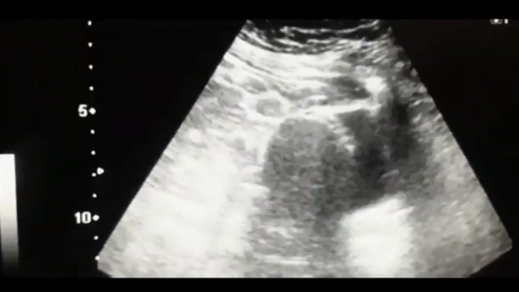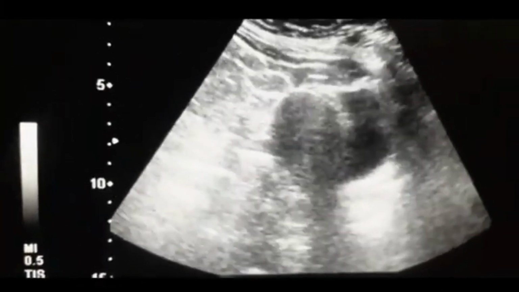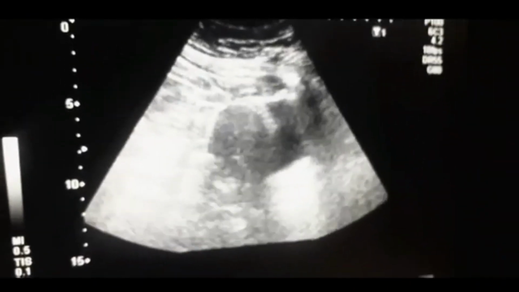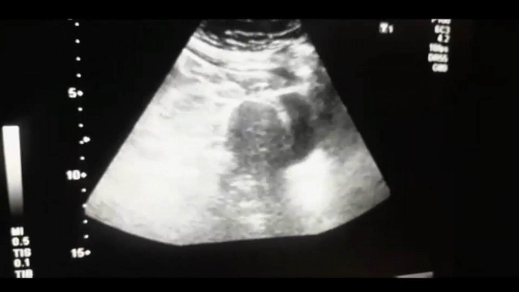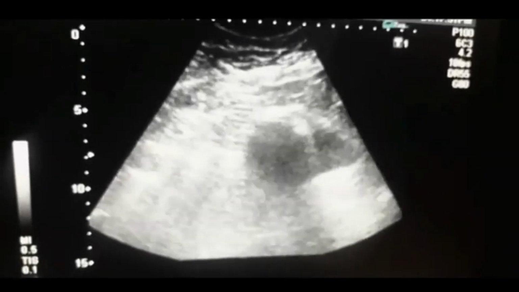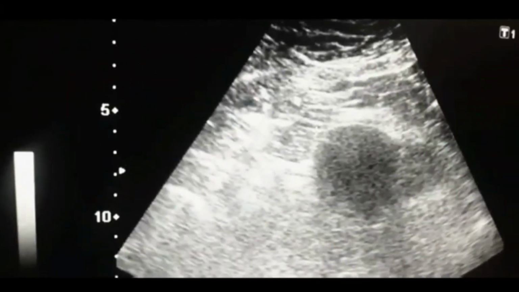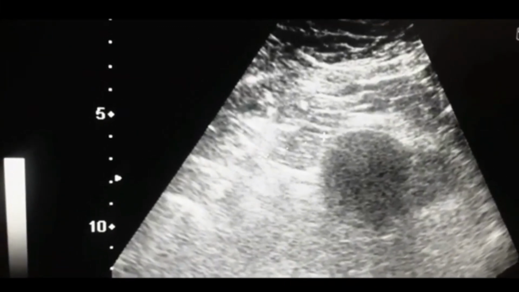When you understand the anatomy of the female genital tract, you can detect the abnormality within the genital tract, that could be in the form of ovarian mass, uterine mass, or something else.